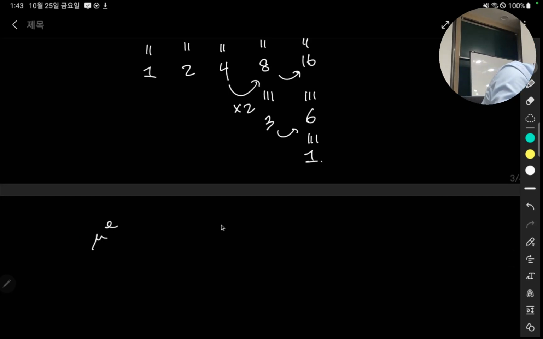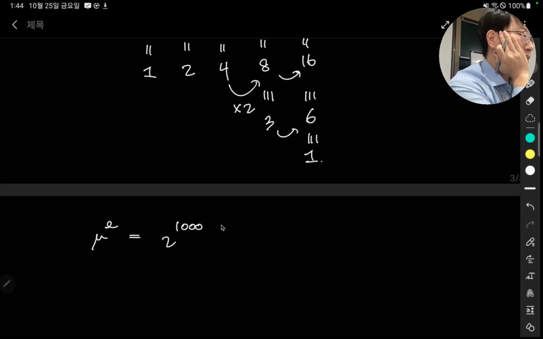Bob is trying to take the exponent of mu. And you see, n is a really big number, and e is a really big number. So for example, if mu is not as big a number, but let's say 2 here, just as an example, and e is, let's say, 1,000, and you're trying to take mod 15.